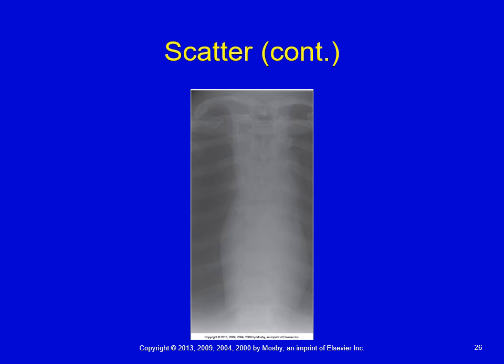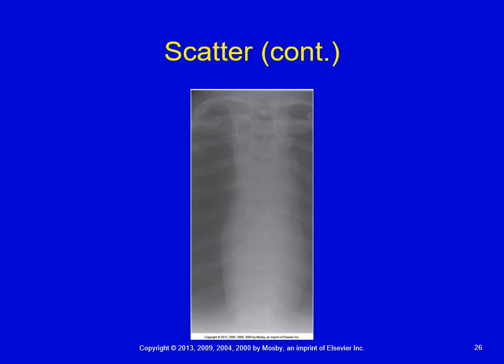So think back to what we learned about contrast. We do need all of these different shades, or differences between our light areas, our dark areas, and our gray areas, to see all of the anatomy clearly. But when scatter adds all of this extra gray on the image, the differences that we need actually start to disappear.